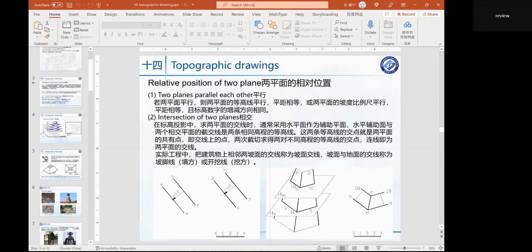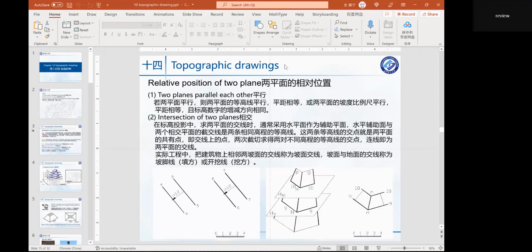And today we are going to do a review also. Today's content is also very important, about the topographic drawings. So let me share the screen. I will share the PowerPoint with you.